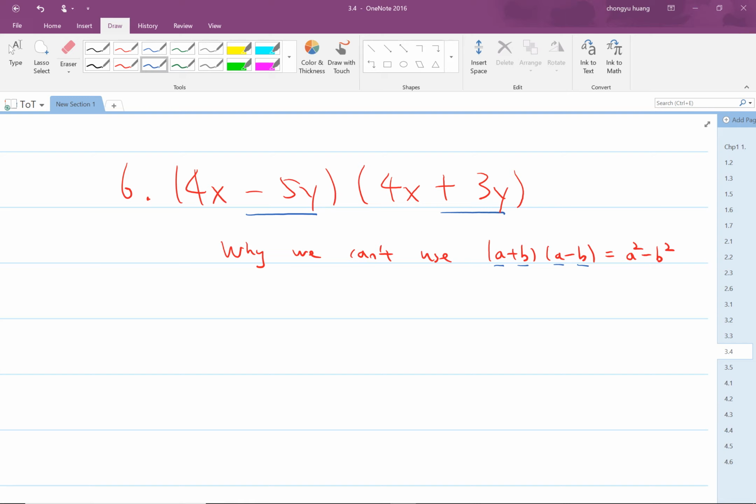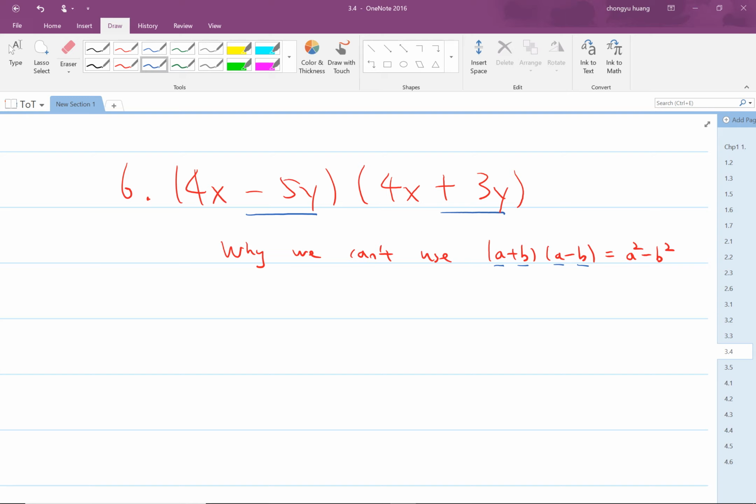The only difference. So basically, whenever you're using this property, it requires you to have the same A and the same B. The only difference is one is positive, one is negative, right?